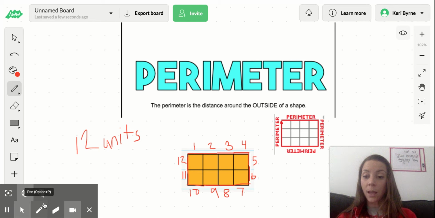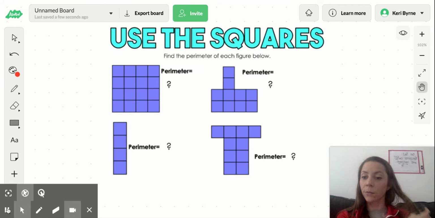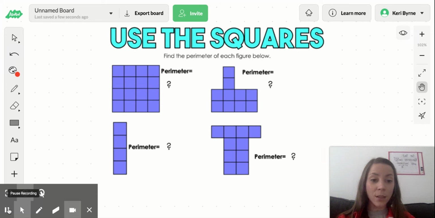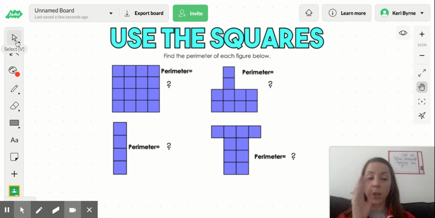Now I'm going to take us to the first page, and we're going to practice some of those examples of going ahead and counting each unit one at a time around the edge. Okay, so I'm going to do one more, and you're going to try it with me this time. So here we go.